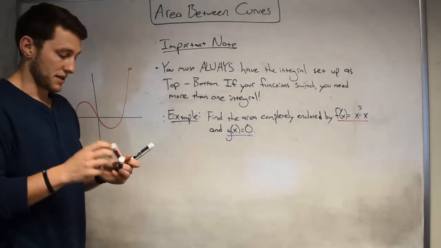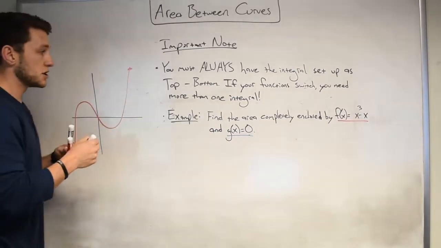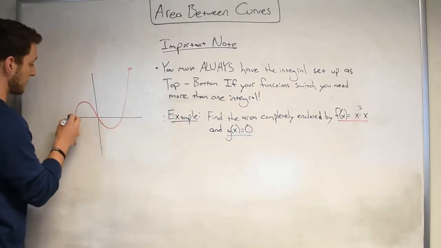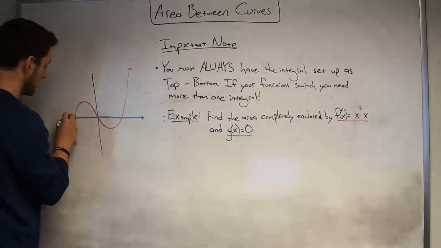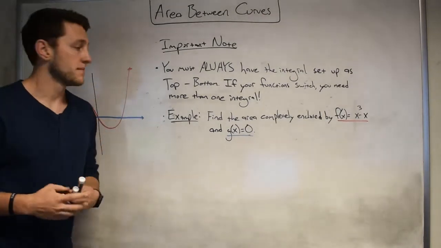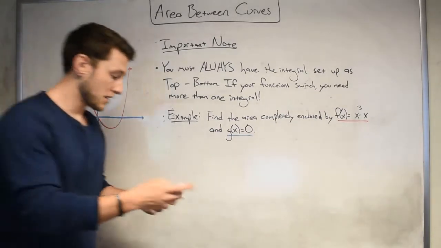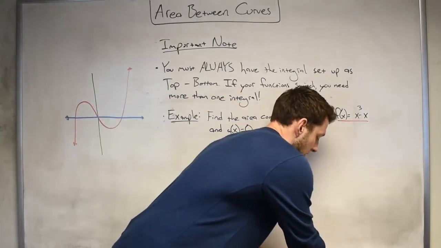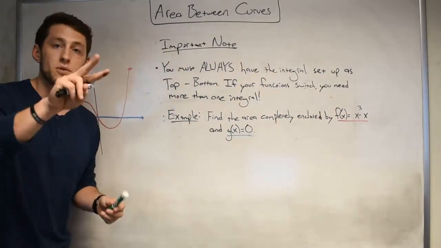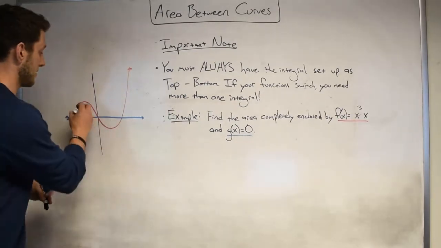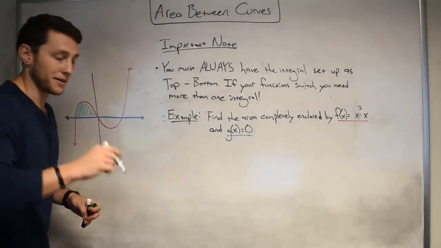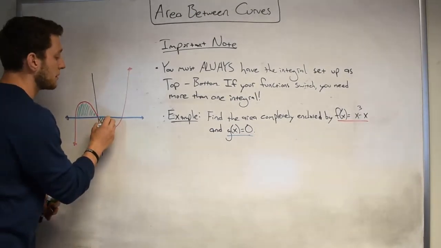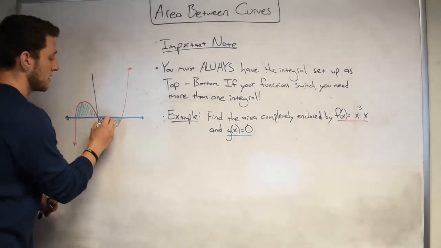That's f of x equals x cubed minus x, and then g of x in blue is just the line y equals 0, which is the x-axis. Now, as we're finding the area completely enclosed by these two functions, we notice that we have two separate cases. We have the area over here in green, but then we also have this area.